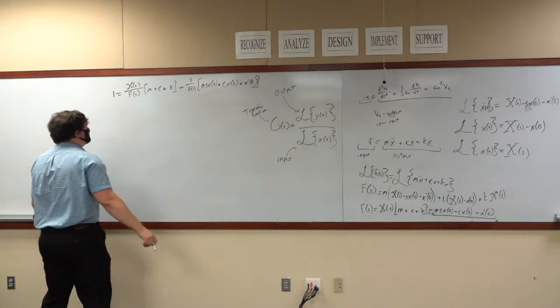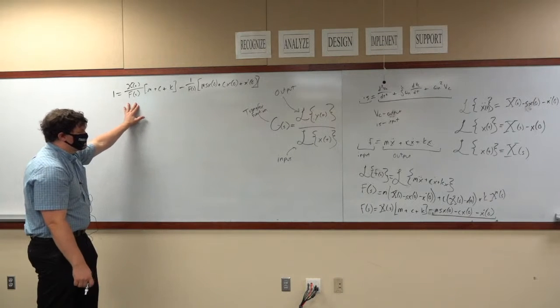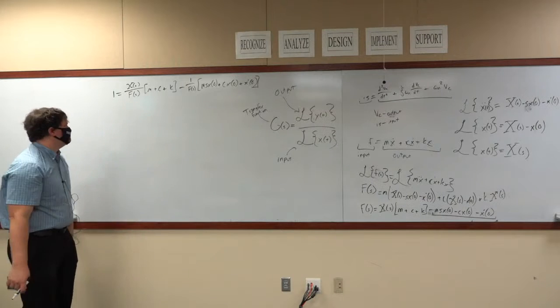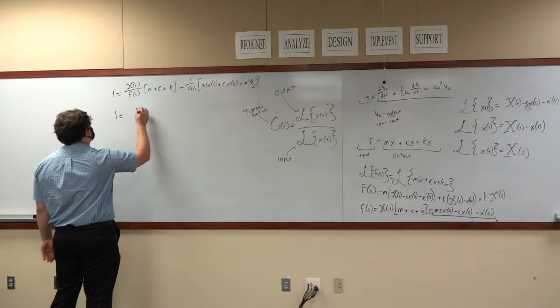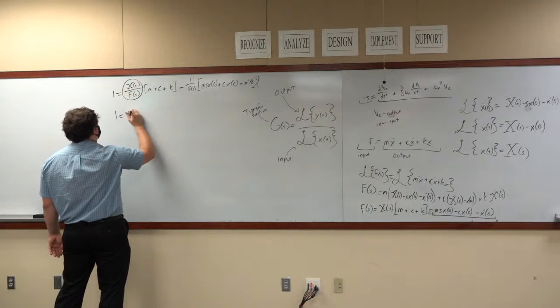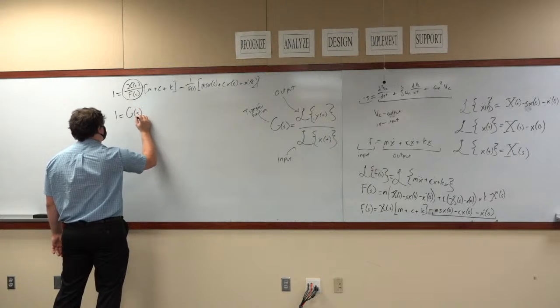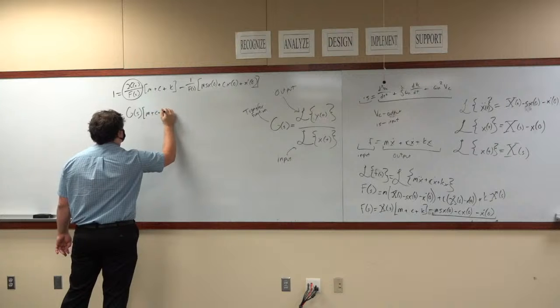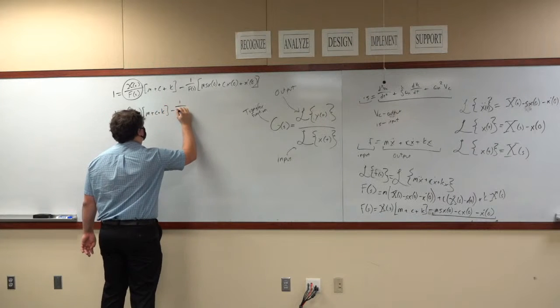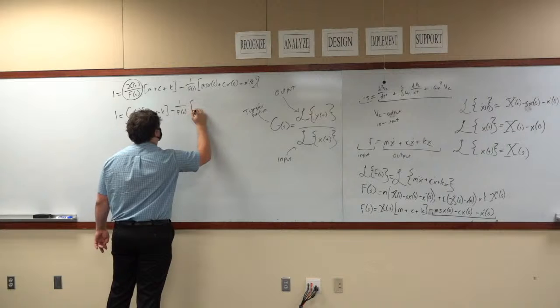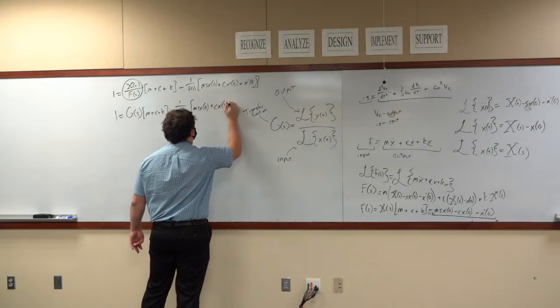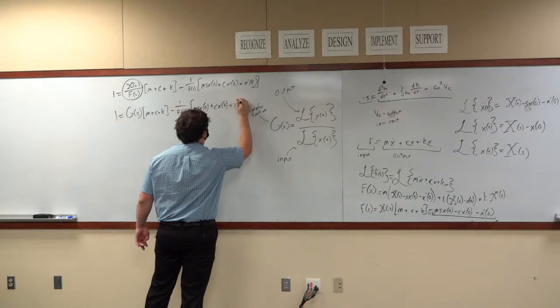Okay? Well, this right here is our transfer function. And this is what we're trying to solve for. So I'm going to go ahead and replace this with G of s, times m plus c plus k, minus 1 over F of s times m s x0 plus c x0 plus x prime or x dot 0.